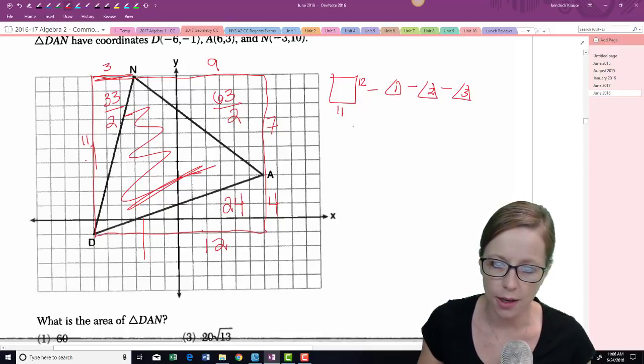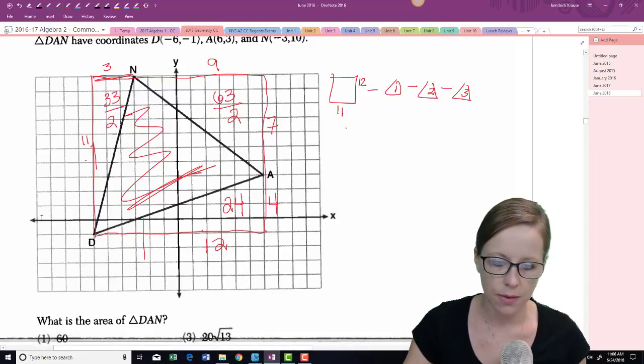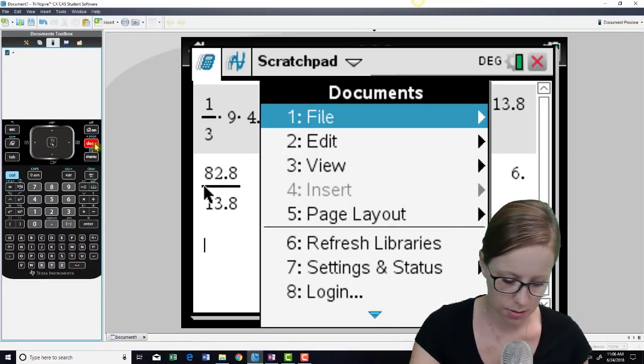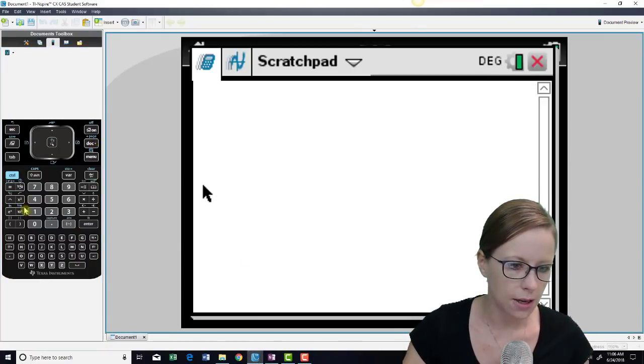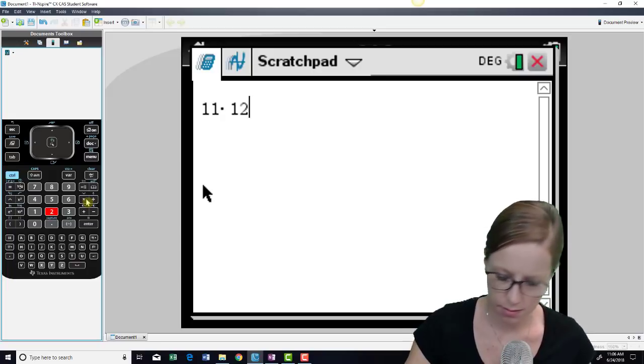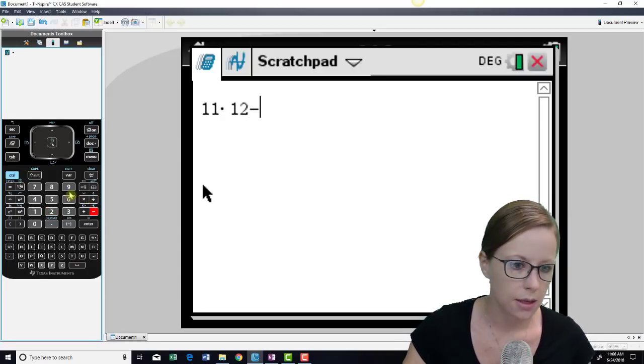So I'm going to go to my calculator, and I'm going to say the area of the rectangle minus the area of all of those triangles. So I'm going to clear this out. The rectangle was 11 times 12 minus, is there a minus button here? Oh, good.